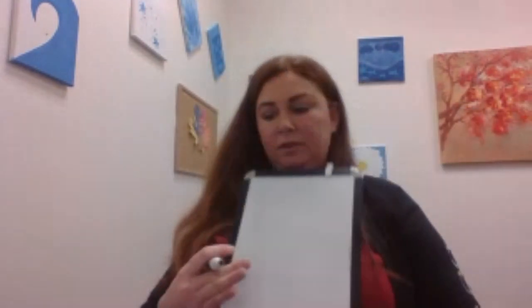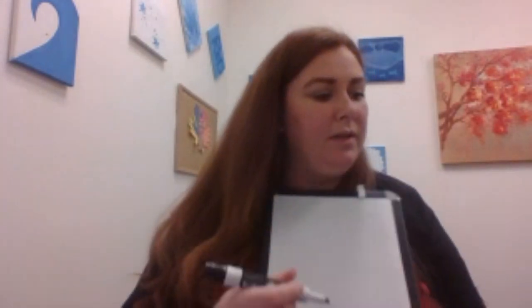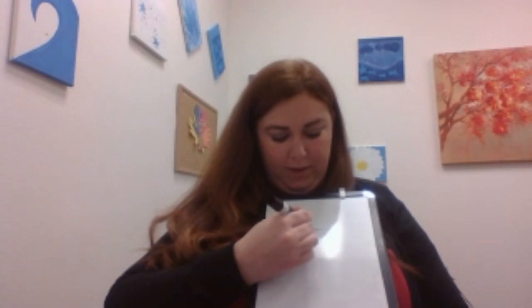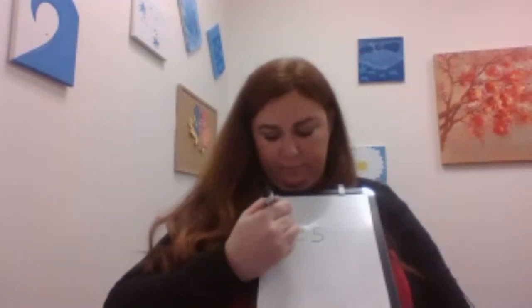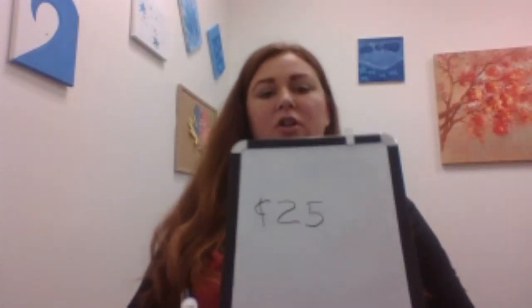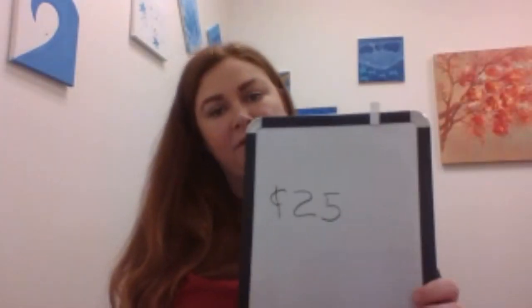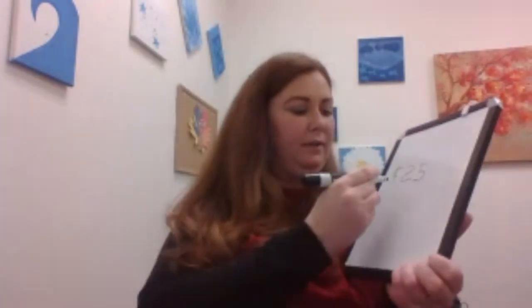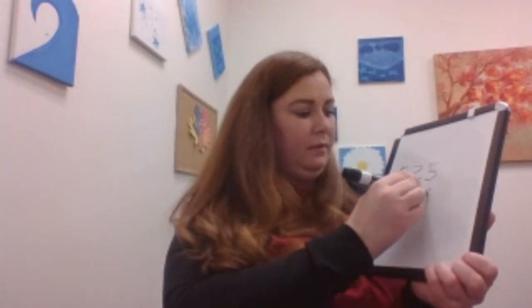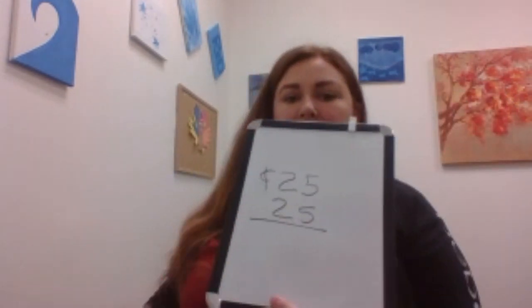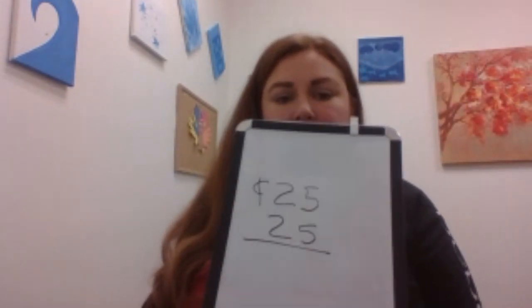All right, well, since we only got pennies, let's just do a quarter real quick since we can do 25 cents, right? Because everybody knows a quarter's worth 25 cents, right? Okay, so what if we have 2 quarters then? So 25 plus 25.